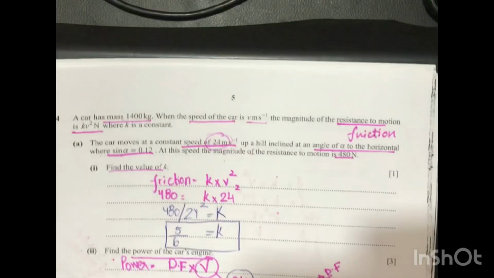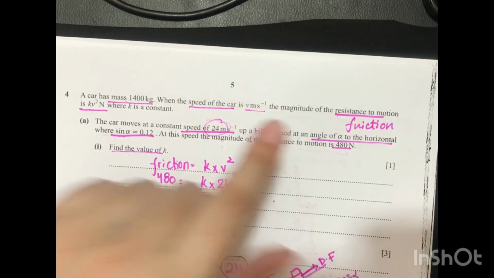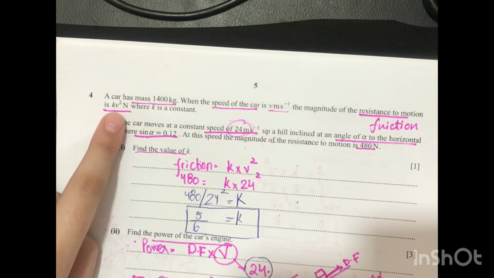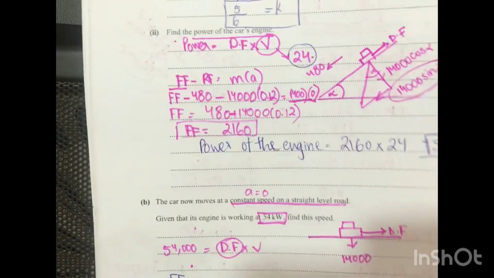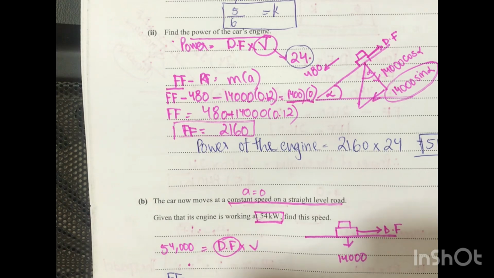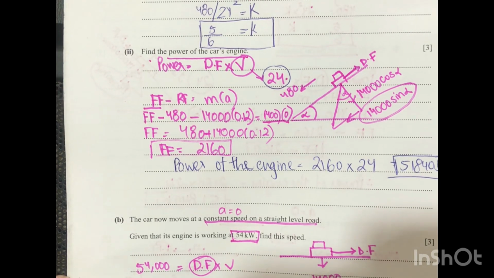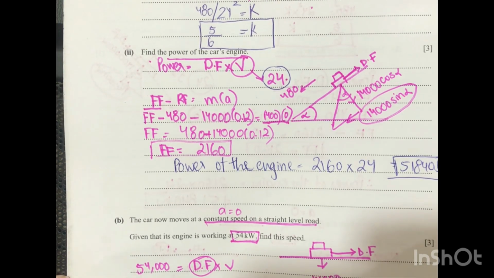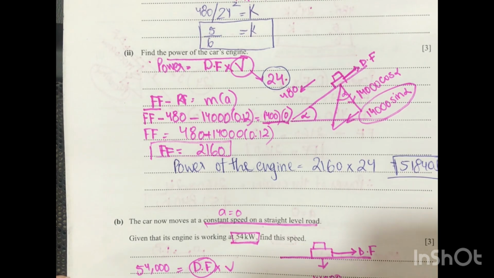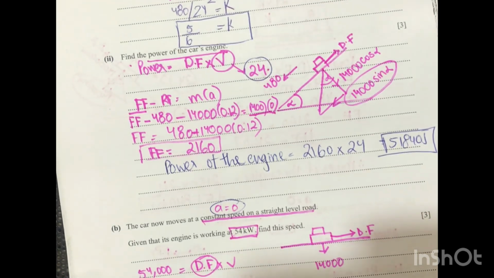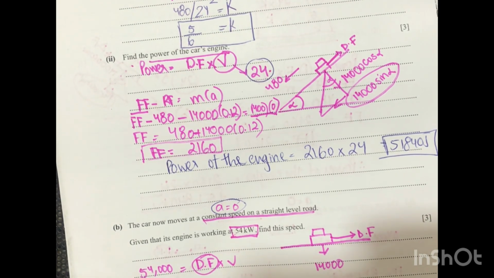So now we will use the formula given to us in the introductory paragraph, which is that the friction is always equal to k multiplied by v squared. So the resistive force will be k, which we found as 5/6, which is a constant. So this will be 5/6 v squared is equal to mass, which was 1400, times the acceleration, which is now 0, as we found out here. That means that forward force, the driving force, is equal to 5/6 v squared.